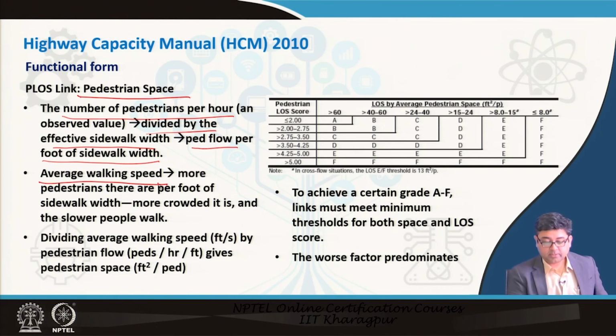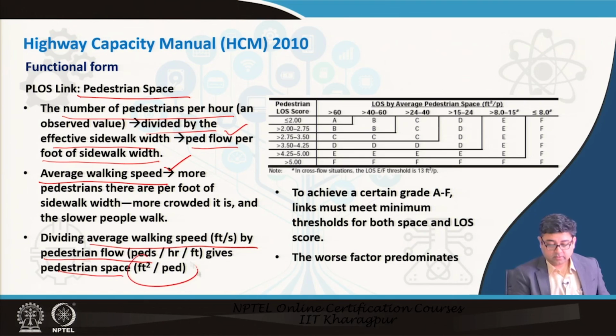The more pedestrians there are, the more crowded it is. You know the average pedestrian speed and the average pedestrian flow rate; dividing the average pedestrian speed by the pedestrian flow rate gives you the pedestrian space. Pedestrian space is given in square feet per pedestrian. How much space do individual pedestrians need? Square foot per pedestrian, dividing the average walking speed by the pedestrian flow.